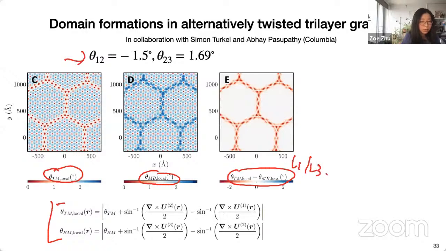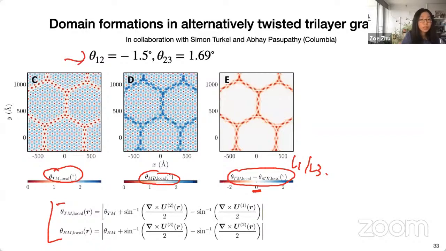And so what we observe in this last figure is that there are large regions with zero twist angle. Meaning that after relaxation, layer 1 and layer 3 would really align themselves and form these large uniform domains.